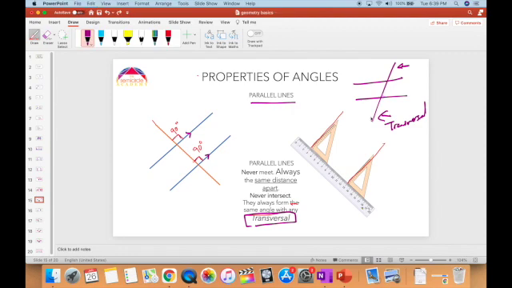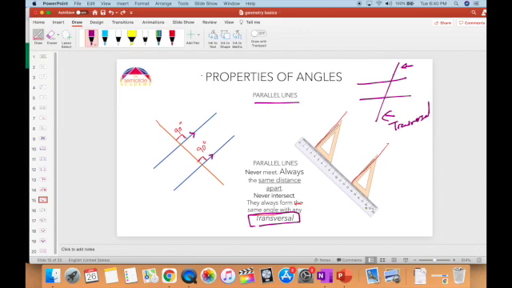That because the two lines are parallel, this angle here will be equal to this one. Does that make sense? Do you all agree that this angle here is the same as this angle here?